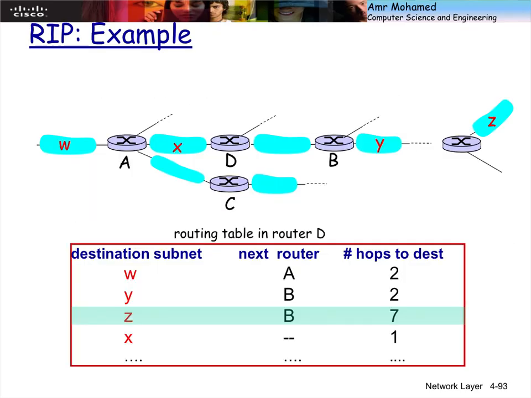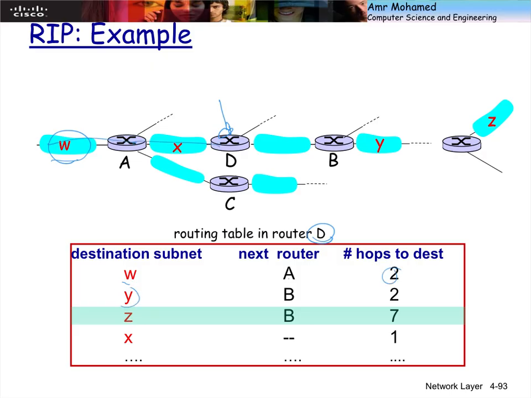So for this particular example, if router D needs to reach any of these nodes, router D knows that to reach destination W, where is W? Here. So router D can reach destination W through two hops, 1, 2.